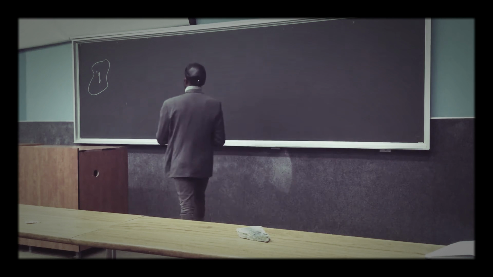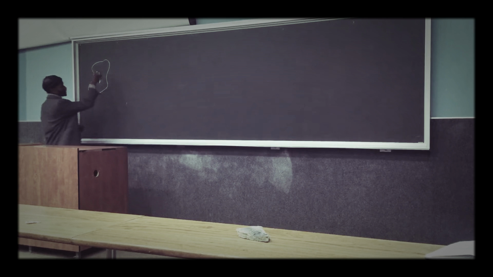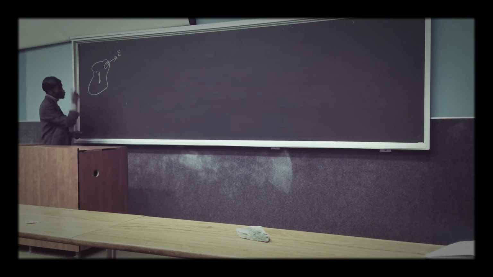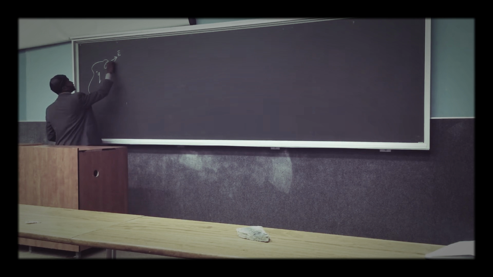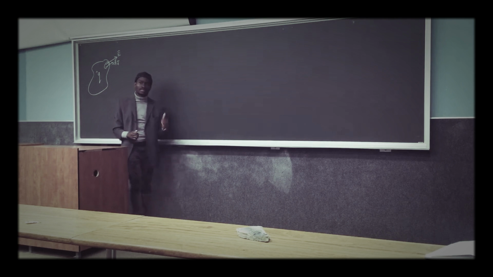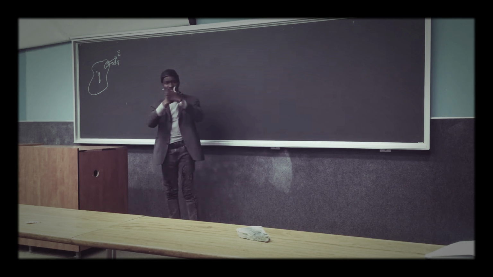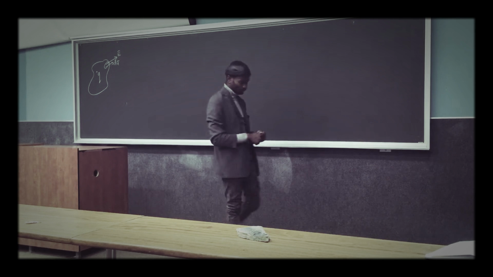On the surface, the electric field is going out, perpendicular to that point on the surface. Then we define an area vector dA, which is also going out and perpendicular to the surface as well.